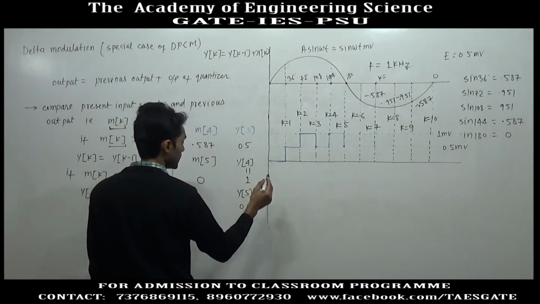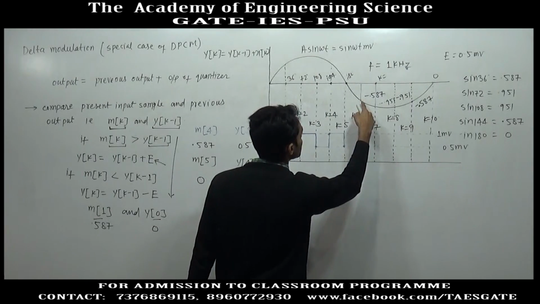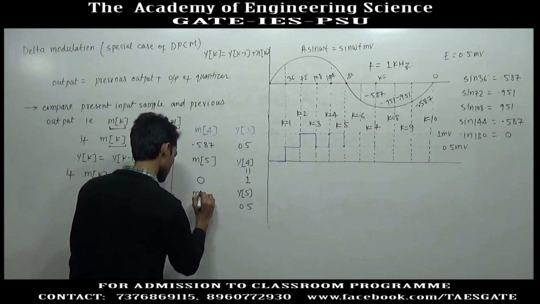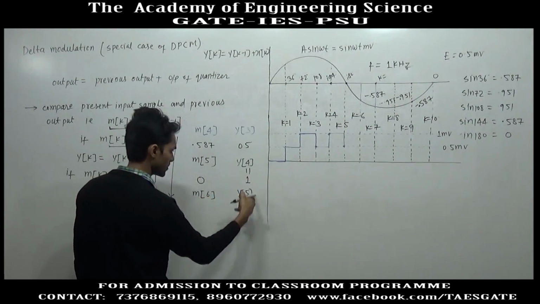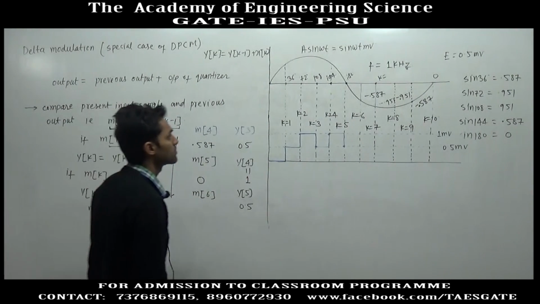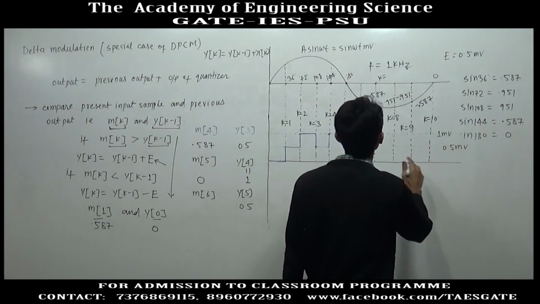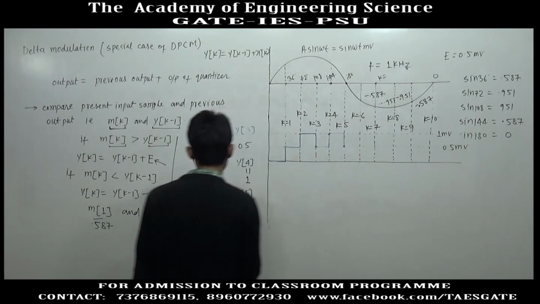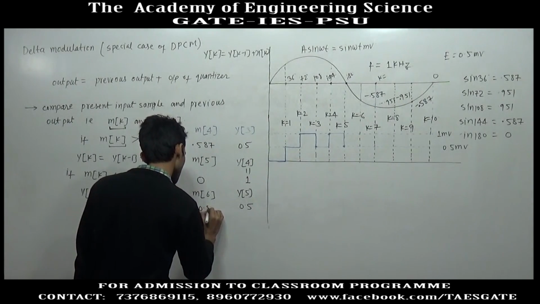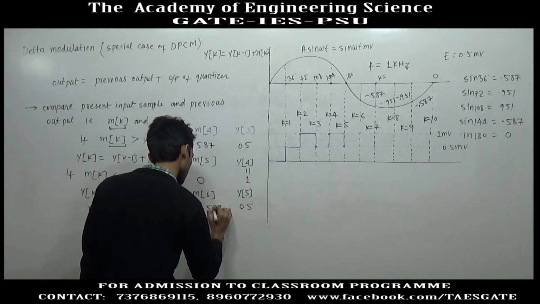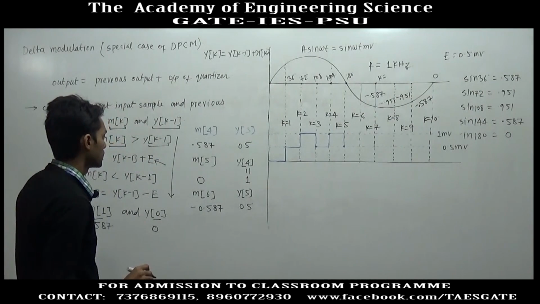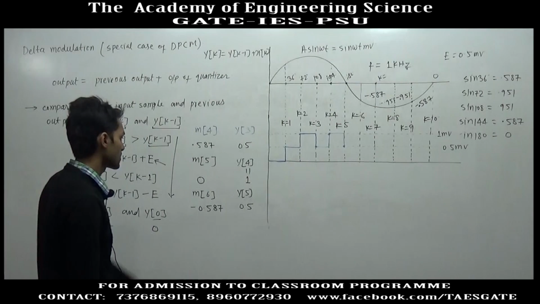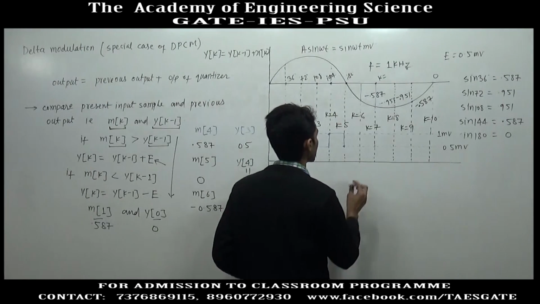Now to obtain output at k equal to 6, we will compare M6 and the previous output Y5. Now M6 is minus 0.587. So the input is less than previous output, so we will subtract here.